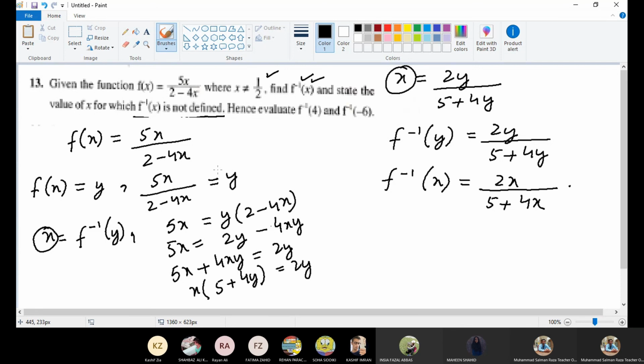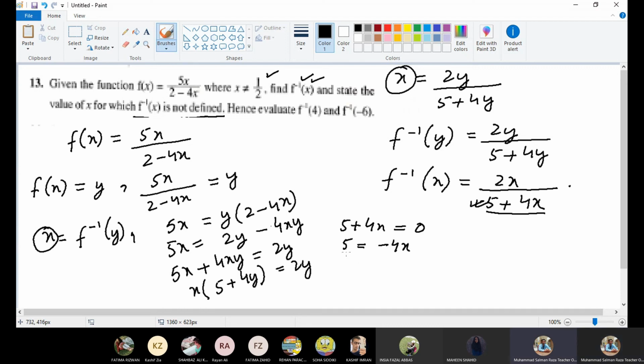My dear students, you know that in order to make anything undefined, we equate its denominator to 0. The denominator part is 5 plus 4x, you can see it over here. So I am going to equate it to 0, because I need to find the value of x for which it's undefined.